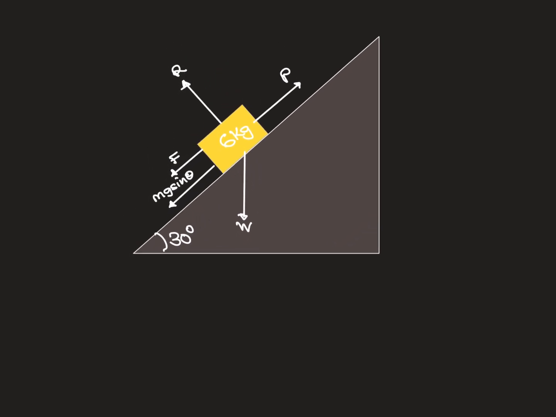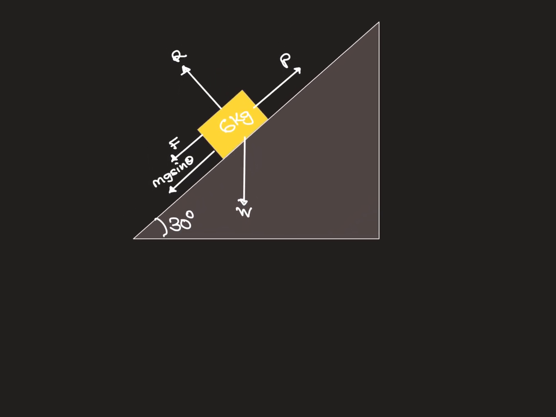So the body is in limiting equilibrium, and for a body that is in limiting equilibrium, the forces acting along the plane must balance each other. In other words, P must be equal to the downward forces, which are F and mg sine theta.